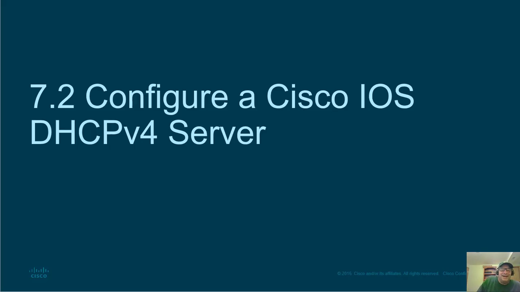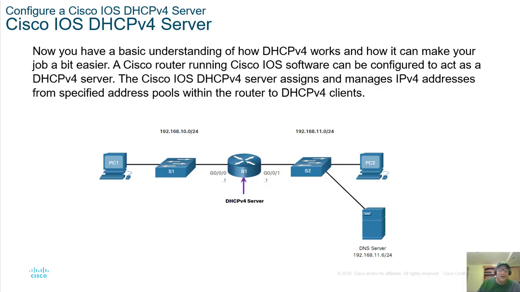All right, let's go into section 2 here, configuring a Cisco IOS DHCP server. And this is mainly the configuration of what you're going to do. So if we take a look at this configuration here, we have the router being the DHCP server in the middle, and the DNS server hanging around over on the right-hand side. Basic configuration.